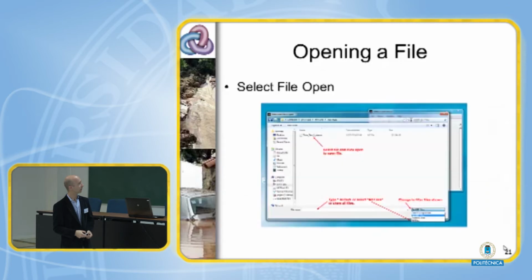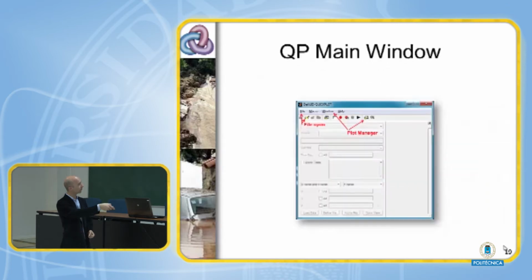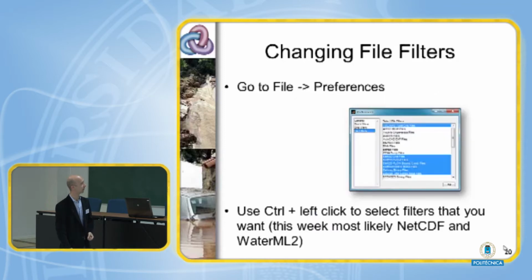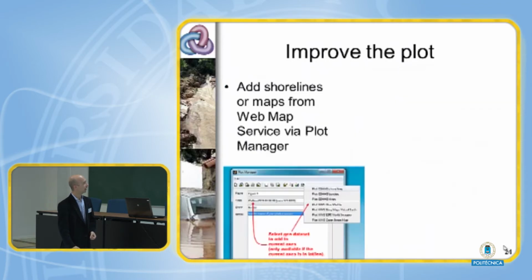So we can go back to the main window and select plot manager from there. And then we'll have this window pop up, and the last icon in the toolbar will allow you to add some geographical information to the plot.